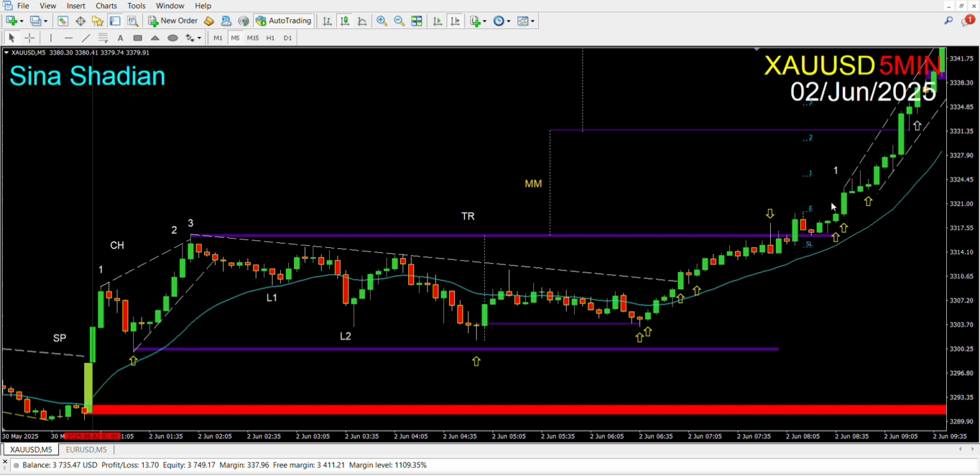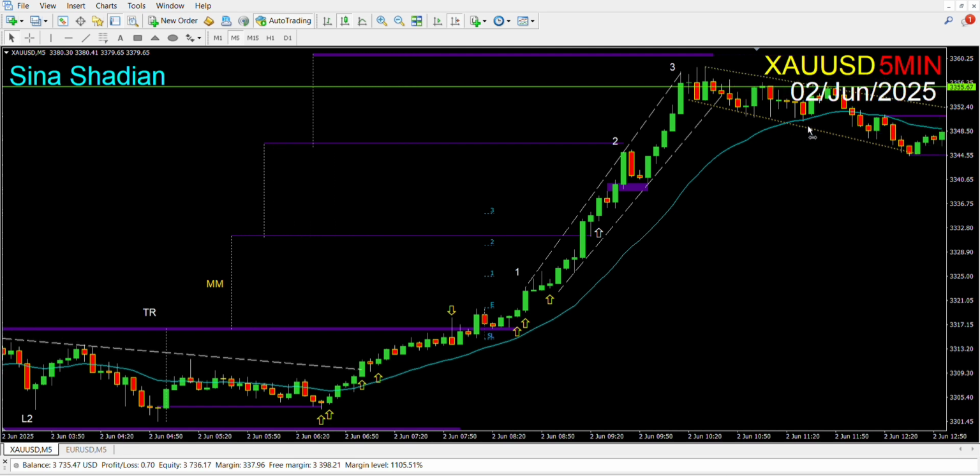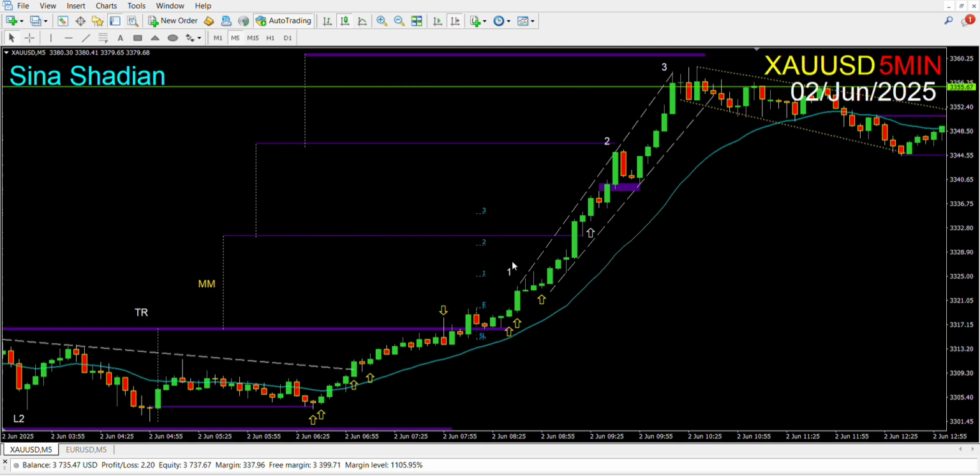That's why you see these beautiful entry candles formed here. Also these three candles, 1, 2, 3, just act as a spike, and after a spike, market always enters the second phase, which is the channel. And channels finish in 3 touches: the first touch, second touch, and third touch.